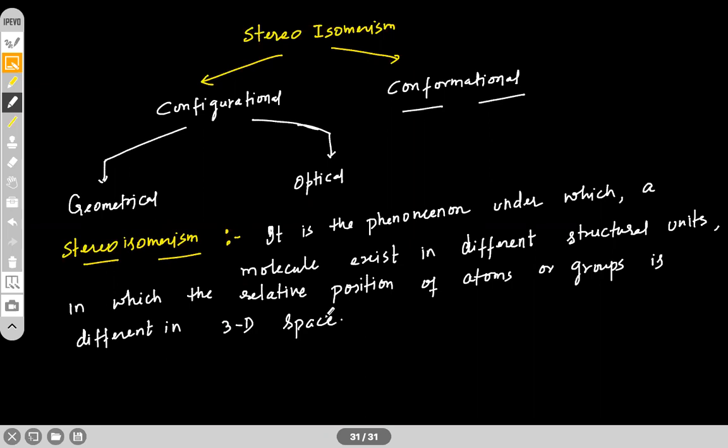So in space, if the relative positions of atoms or groups are different, this phenomenon is called stereoisomerism.